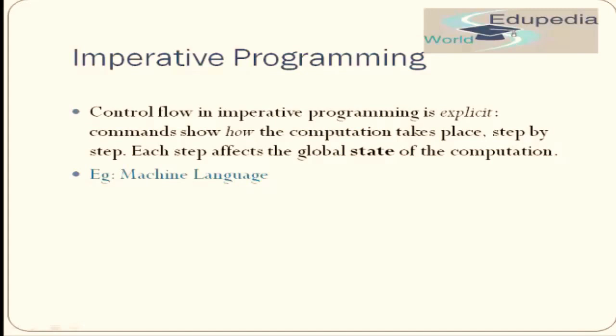And in case you want, after statement 7, it to go to statement 11, then you can use a goto statement or something like that. For example, machine language uses imperative programming. And each step affects the global state of computation.